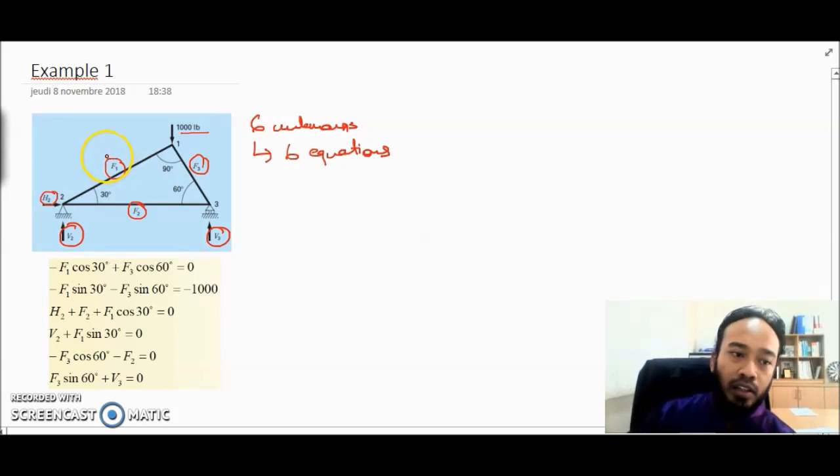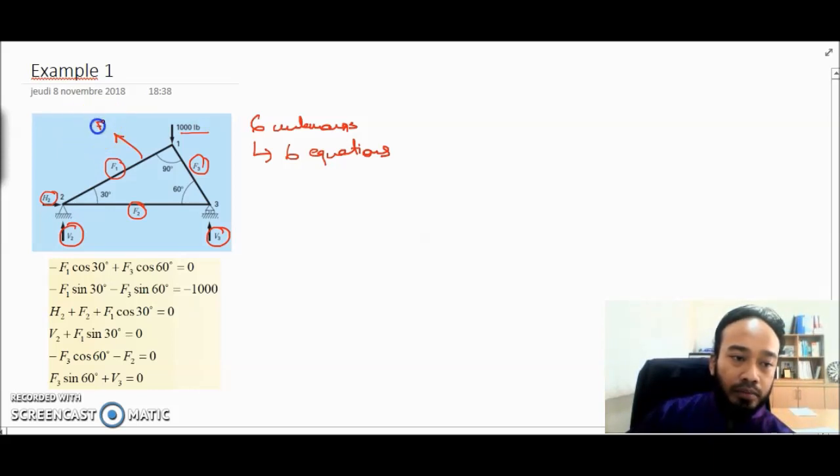So there's going to be one equation of all the forces acting on the arm vertically, and another equation affecting the arm horizontally. For example, H2 is going to affect the first arm horizontally, but this load of 1,000 pounds is going to affect arm 1 vertically.